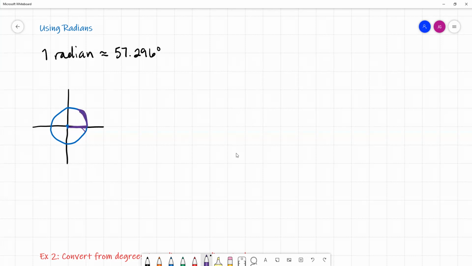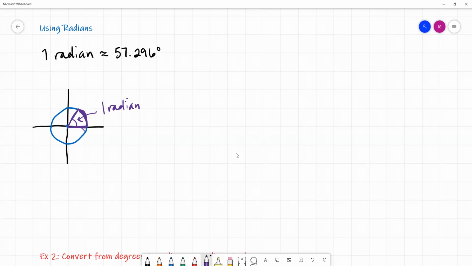Imagine taking this little purple line, getting rid of it from there and putting it right here. Then I want to connect the center to where that ends. This angle that is created from intercepting that arc on the circle, the piece of the outside of the circle, that right there is 1 radian. That's 1 radian in terms of an angle.